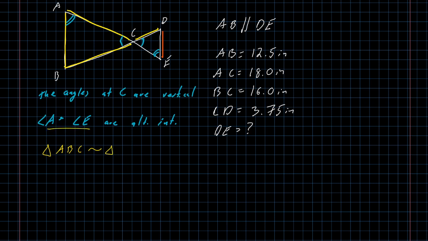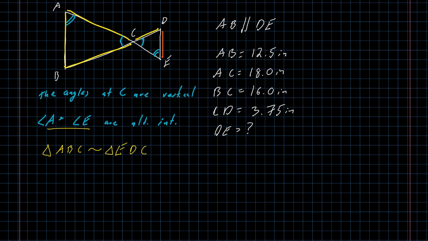A corresponds to E. B we didn't mention. That corresponds to the other angle we didn't mention, in this case D, and C corresponds to C. EDC definitely describes the triangle that I'm trying to place over here as being similar.